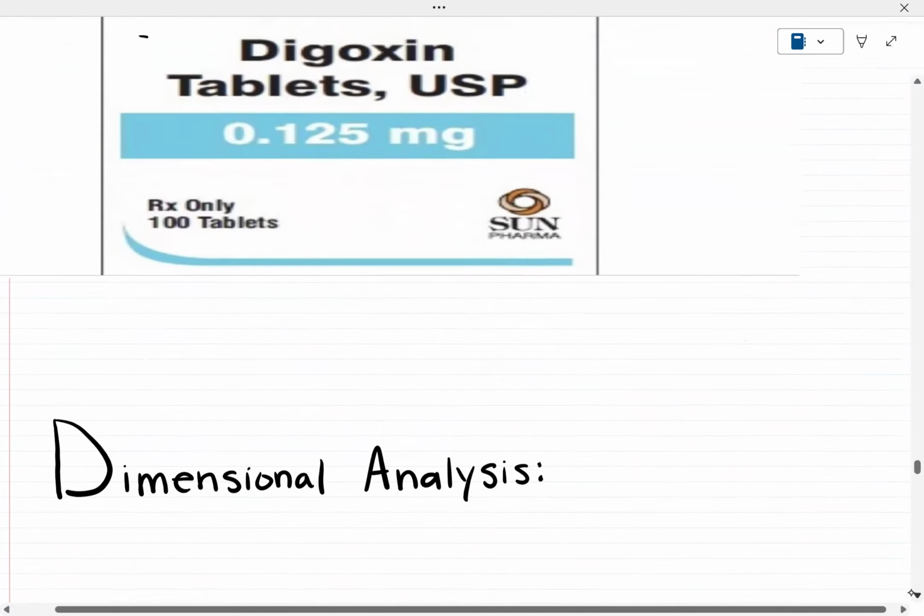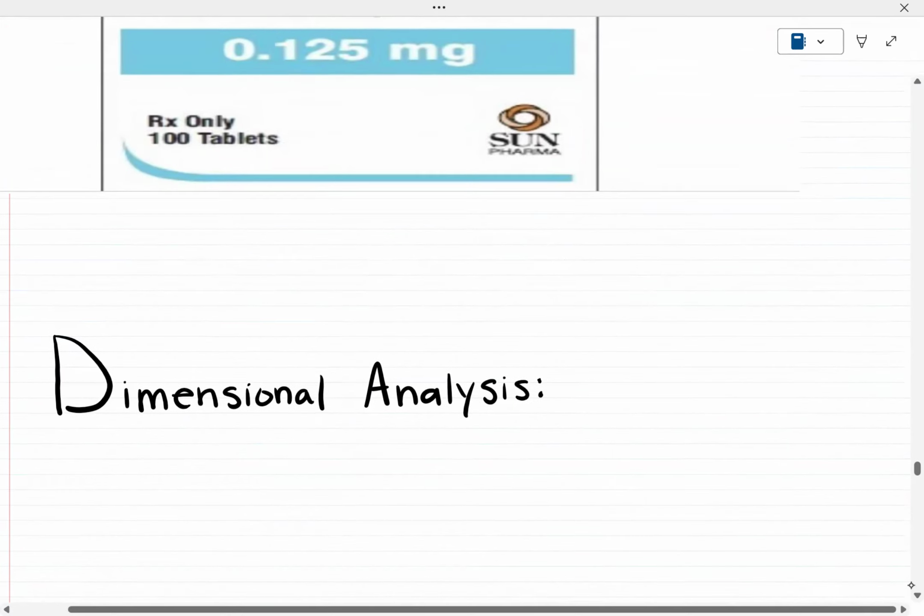So my first concern is, do we have to do an extra conversion? Our availability was 0.125 milligrams. Our desire was in mcg, right? So we do have to do an extra conversion. We got to convert mcg to mg.